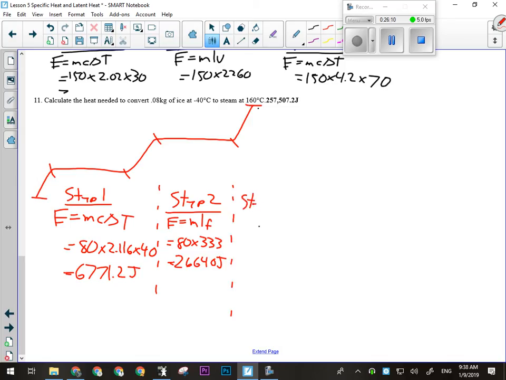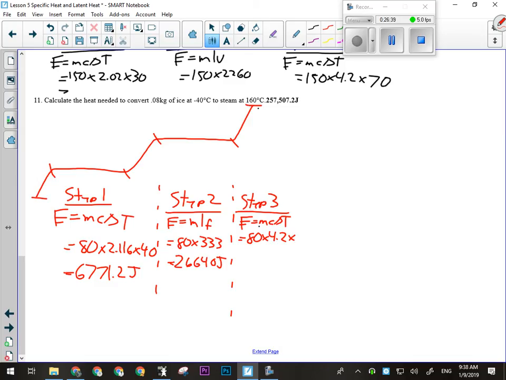Now after step 2, I have liquid water at 0 degrees Celsius and I keep adding heat. What'll happen to it? It'll raise its temperature, right? So that'll be a change in kinetic thermal energy. It's a diagonal part of the heating curve. So we use E equals mc delta T, 80 grams times now the specific heat capacity of water, 4.2, times the temperature change.